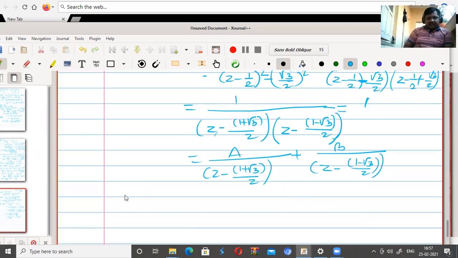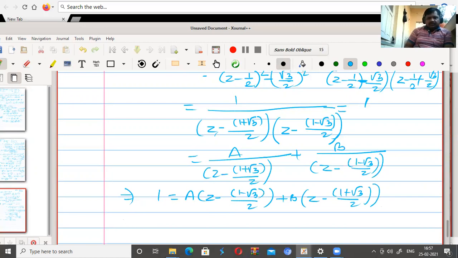So this implies, what is the numerator here? 1 is equal to A into (z minus 1 minus root 3 upon 2) plus B into (z minus 1 plus root 3 upon 2).